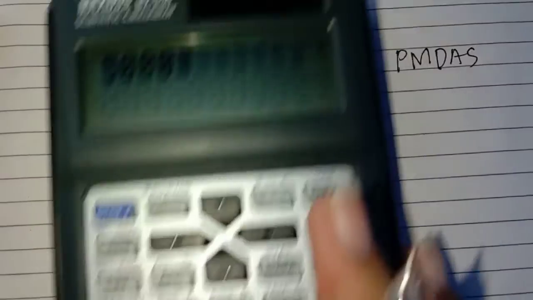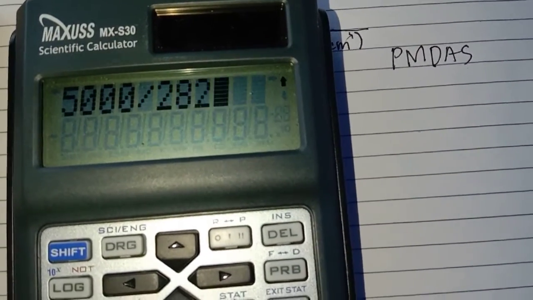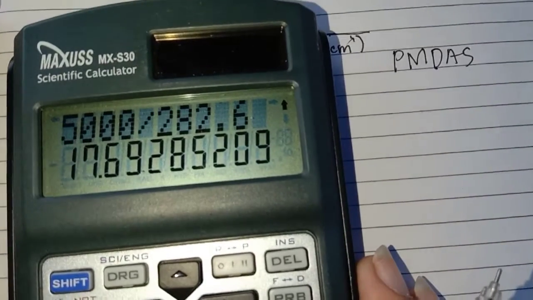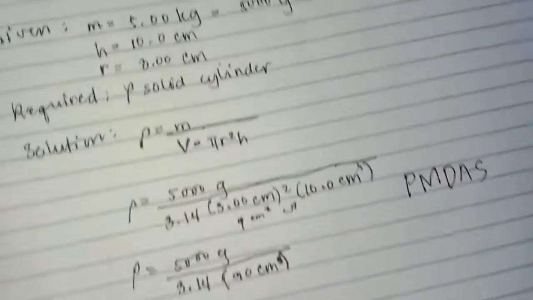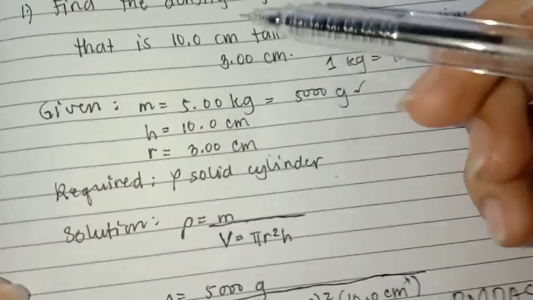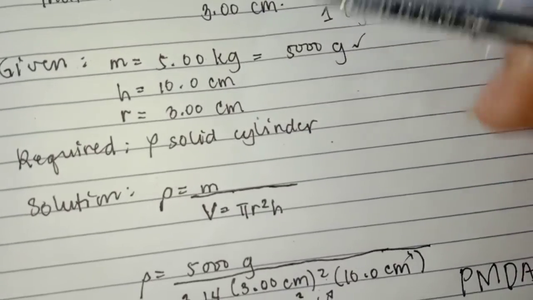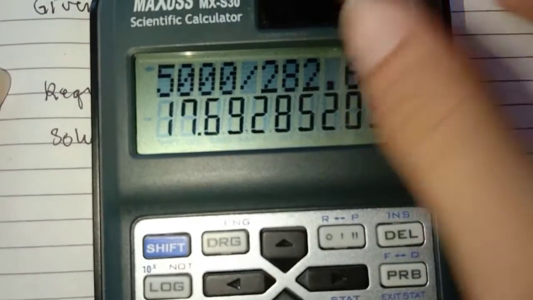5,000 grams divided by 282.6, which is equals to 17.69285209. And since in our given, we can see that it just needs three significant figures, therefore we will just stop at the three significant figures.